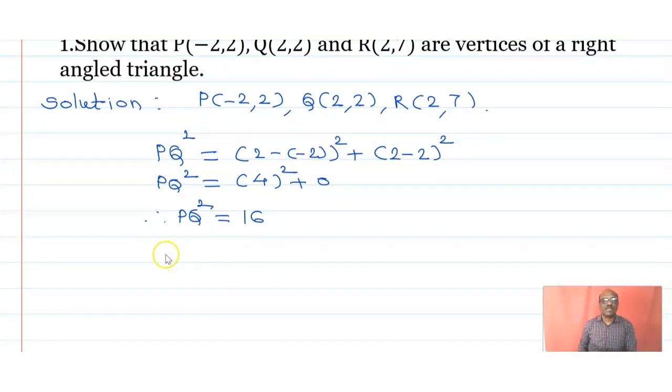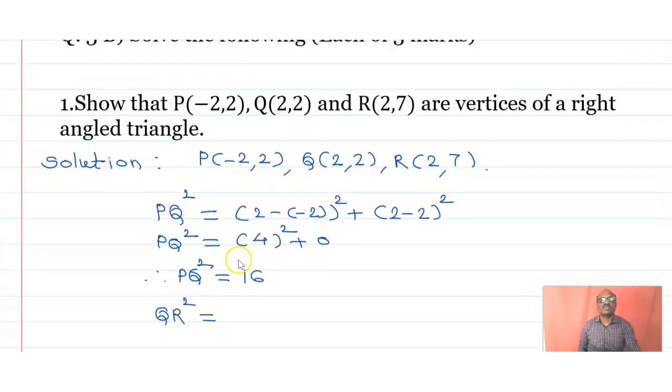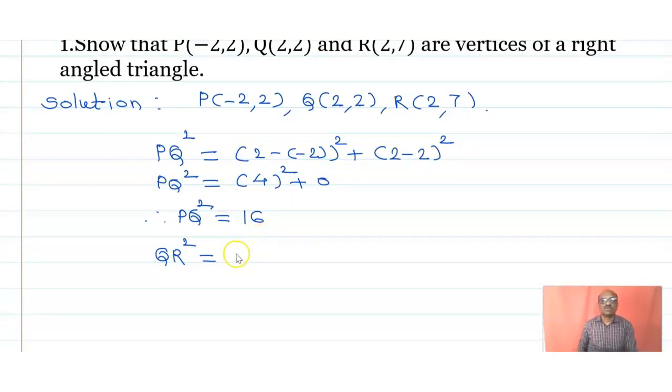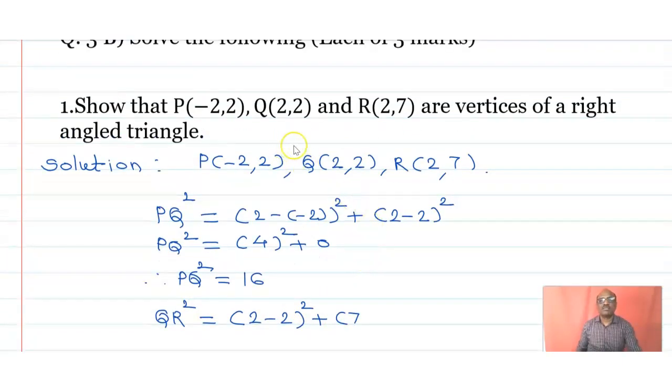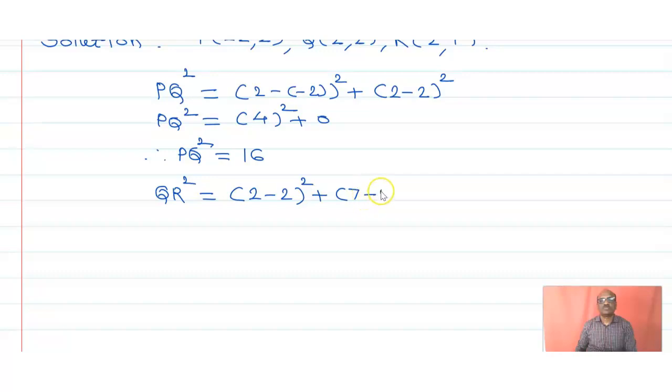Next, QR square is equal to 2 minus 2 whole square, 7 minus 2 whole square. 2 minus 2 whole square, that is 0. 7 minus 2 means what again? 5 square, and that is equal to 25.